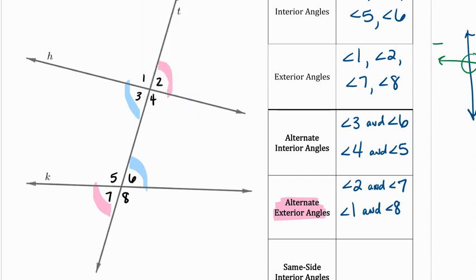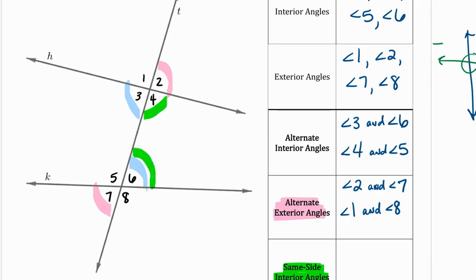Okay, so the next type are same side interior. Again, it should be pretty obvious from what they're called: they're on the interior and they're on the same side of our transversal this time. So if, for instance, I pick angle 4, because that's an interior angle, its same side interior angle would be angle 6.